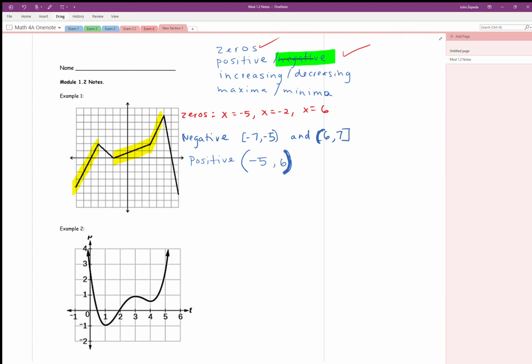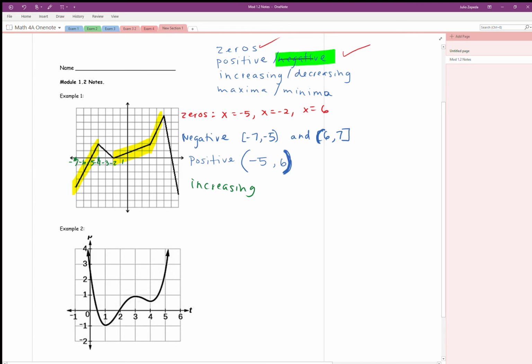Okay, so we'll start with increasing. I'm going to say that it's increasing from, let's see, what was that? We had -1, -2, -3, -4, -5, -6, -7. So it's increasing from -7 all the way until -4.